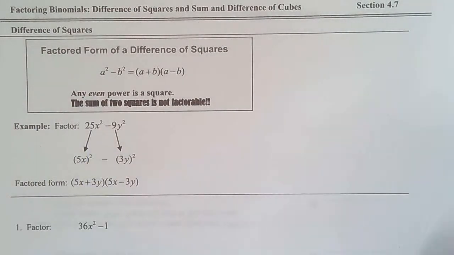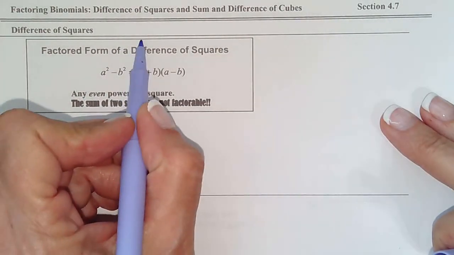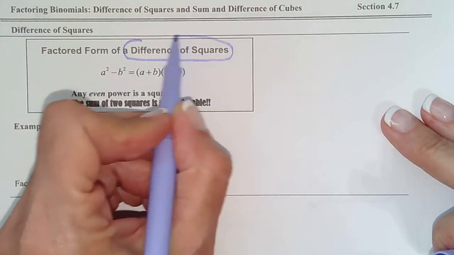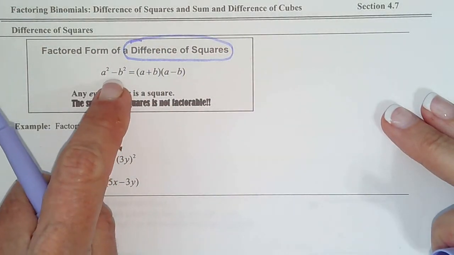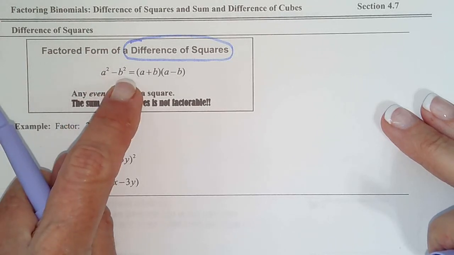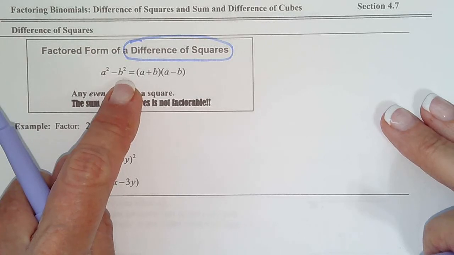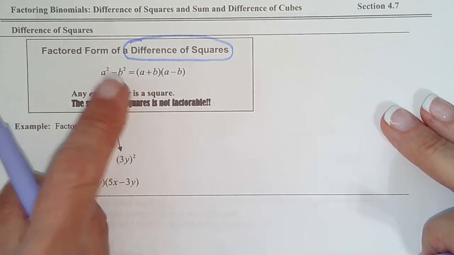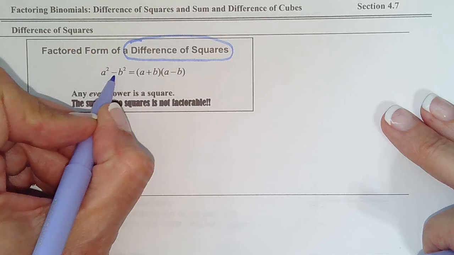So difference of squares is subtraction. That's what difference means. And the number before and after the subtraction sign is a perfect square. And this is probably our easiest factoring pattern because we know this means the signs will be different.